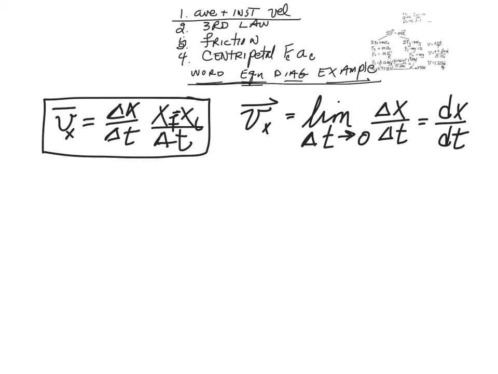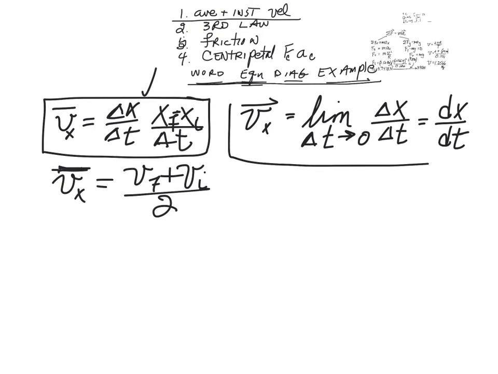It is not the average of the two velocities, although that equation can be used sometimes in special cases where you take v final plus v initial over 2. That works in a limited number of cases. This is the definition, and this is the definition of instantaneous velocity.